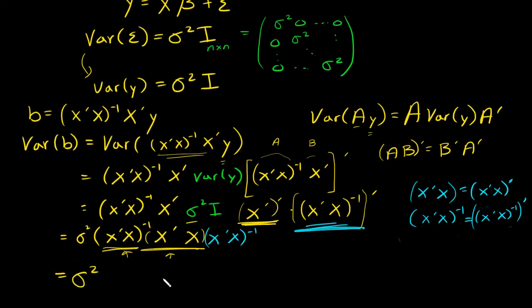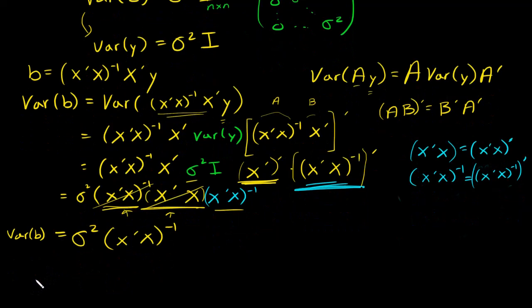You're left with sigma squared times X transpose X inverse. There you have it. This is the variance of our least squares estimator B.